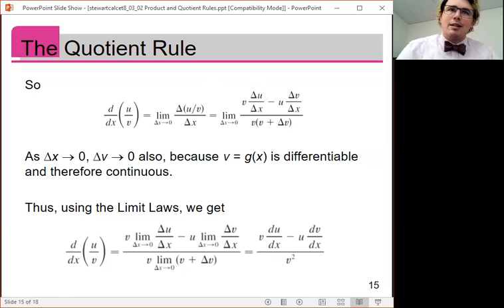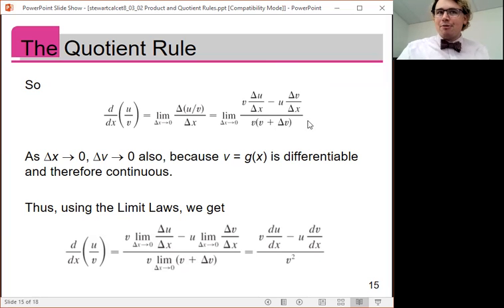The numerator is now going to be v times delta u on delta x minus u times delta v on delta x. The denominator of this fraction is v times quantity v plus delta v. Now, this is a step where I might have typed up this slide a bit differently, because I can see here I've actually introduced sort of my double division. What's going on here is that originally the delta x is in the denominator of the whole thing, and we've brought it up into the separate terms of the numerator.